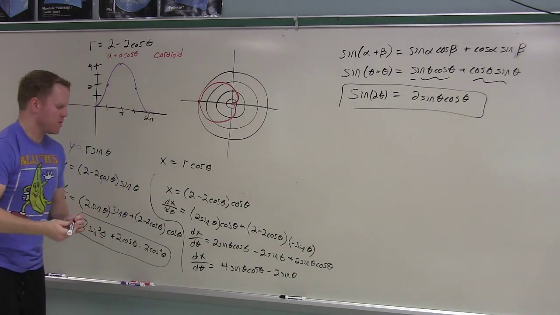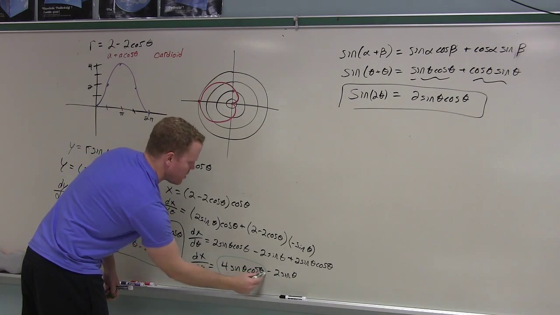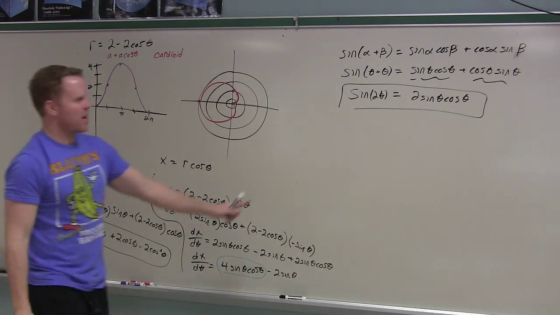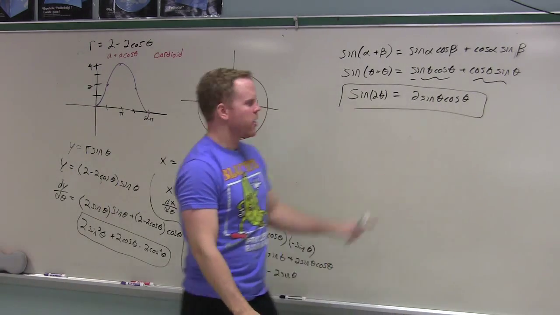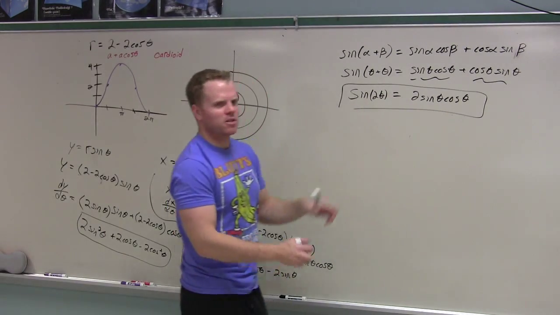We have one of our double angle identities just sitting right here, just kind of in reverse. You don't see a sine 2 theta, we're going to see a sine times cosine and turn it back into something like this.